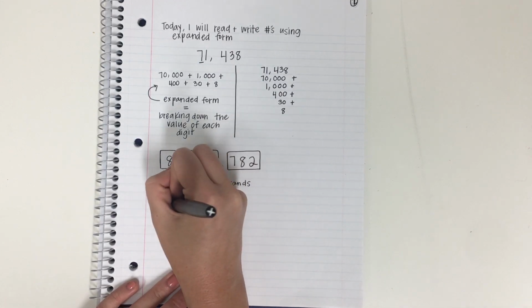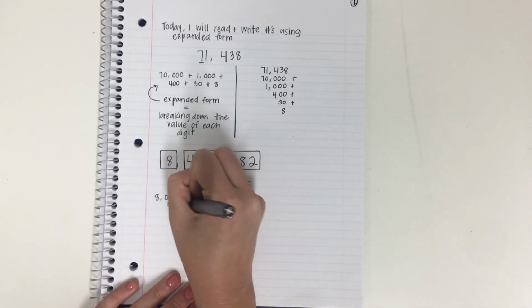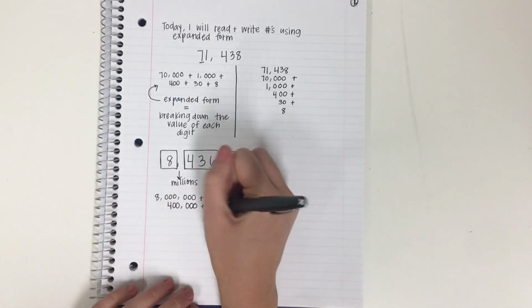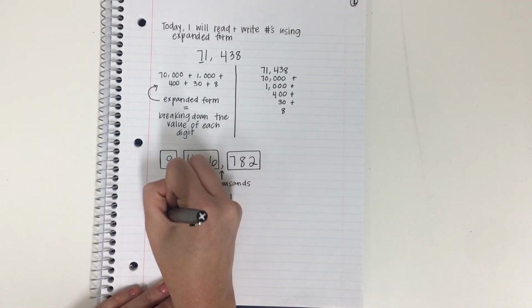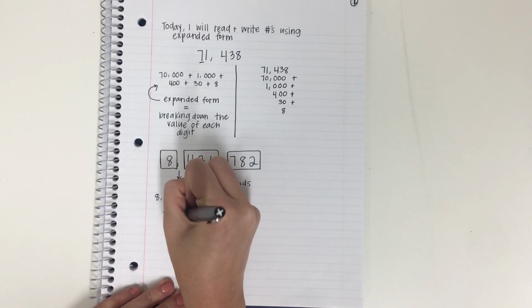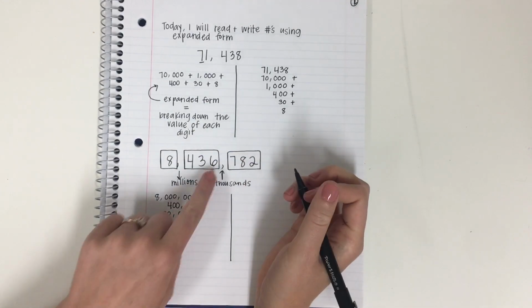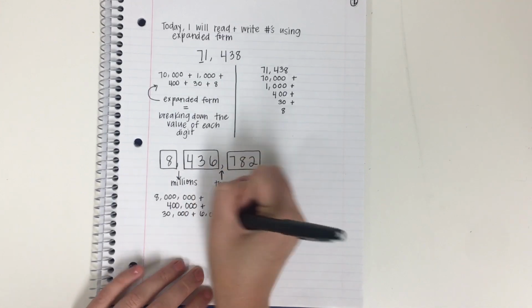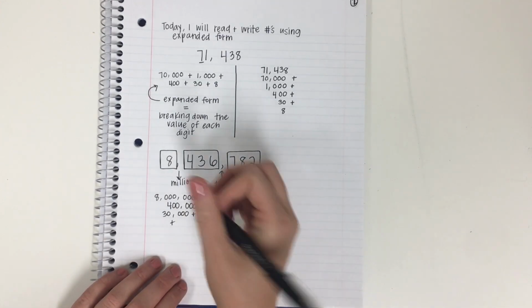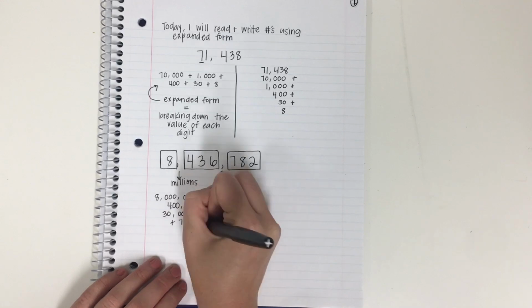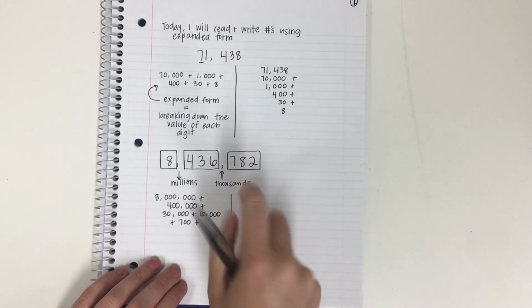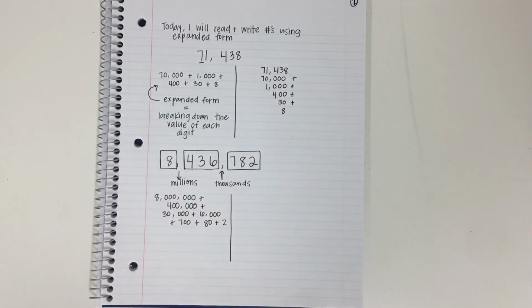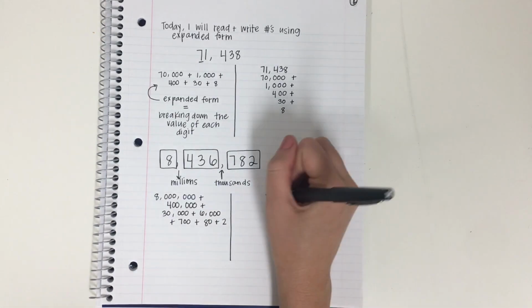So I'm going to do 400,000 plus 30,000 plus 6,000 plus 700 plus 80 plus 2.